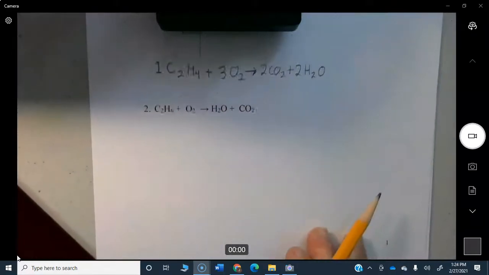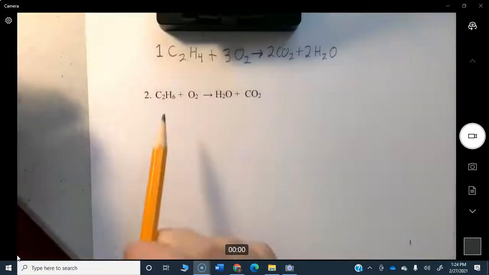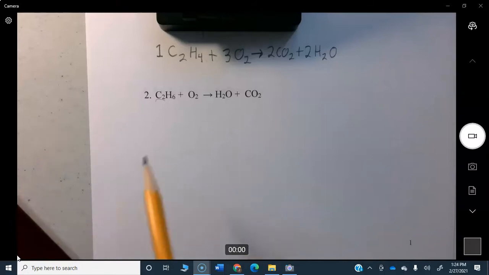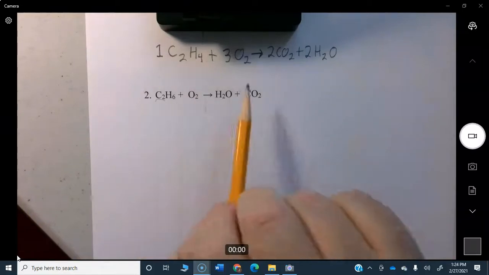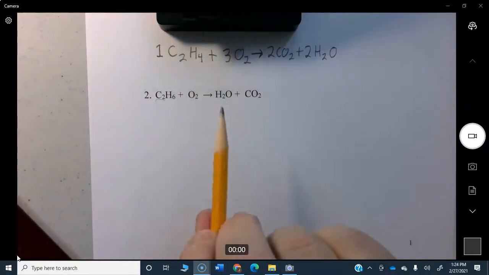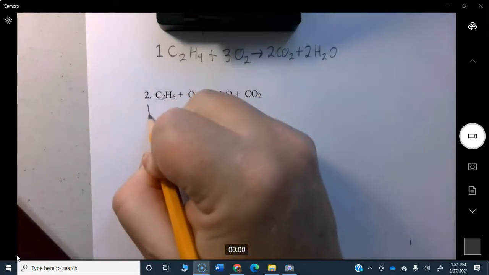All right, here's another hydrocarbon combustion reaction. You see these 2 reactions look absolutely identical. What's not going to be identical is the way they balance. The coefficients are not going to be the same, but the nature of the reaction being a combustion reaction, you can see it looks like the one above. So let's go ahead and draw our boxes.